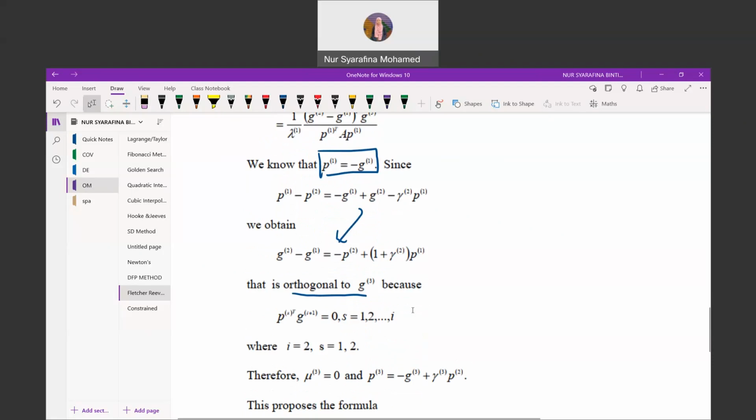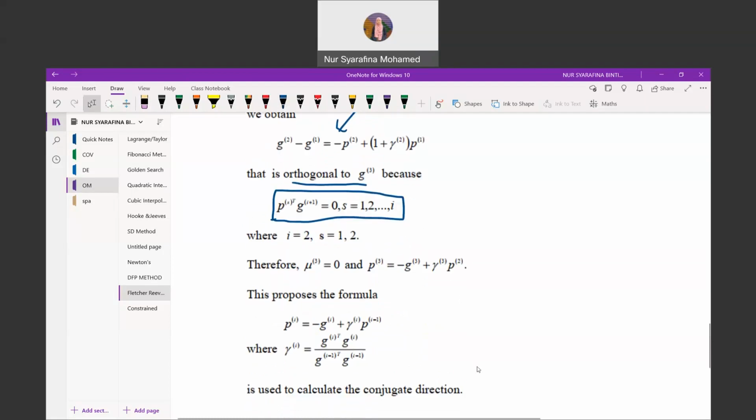Because the product of this P and G here equals 0, hence it is orthogonal. Therefore, mu 3 equals 0. And we have P3 equals this.